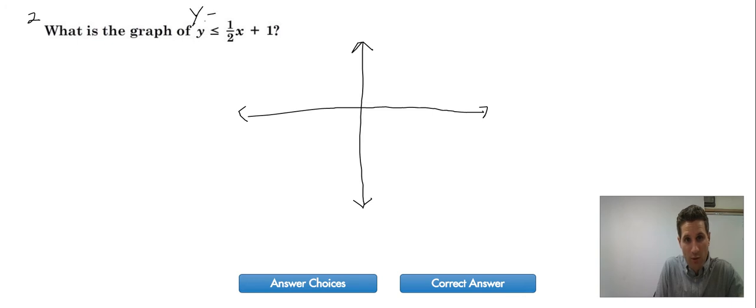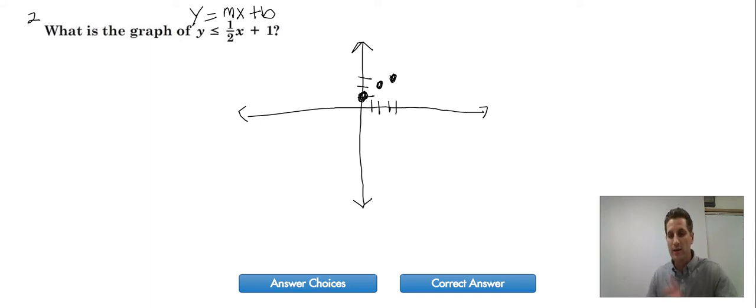It's in this form, except we have this inequality, which we'll deal with in a second. But we're going to first graph it like this. So we're going to start at 1 on the y, and we're going to use our slope of 1/2. So we're going to go up 1 over 2, up 1 over 2, and I'm going to have some sort of graph that goes along like this.